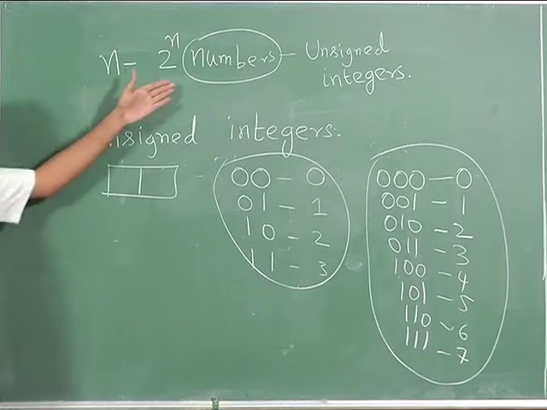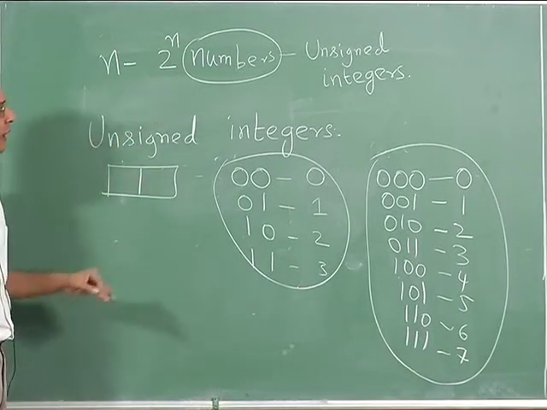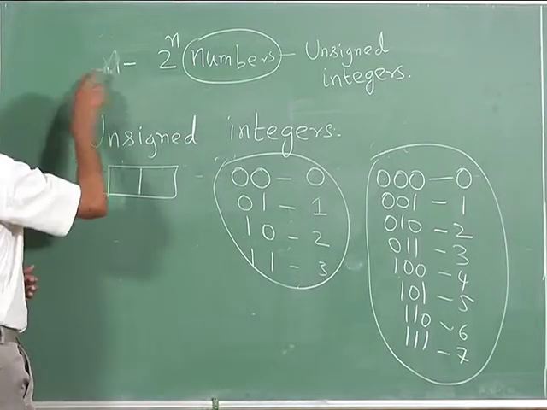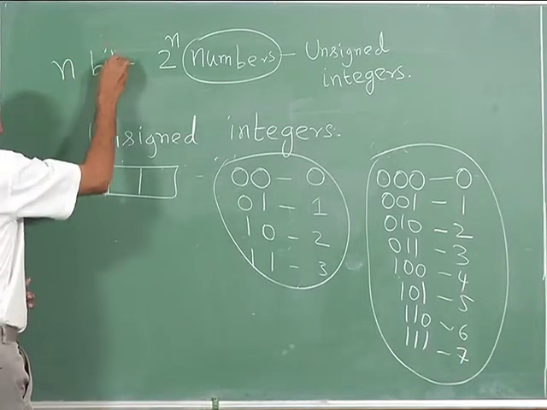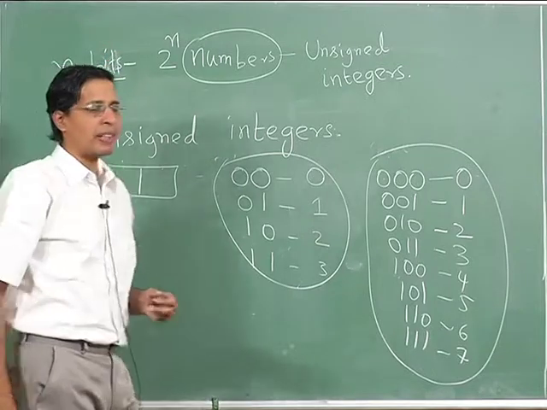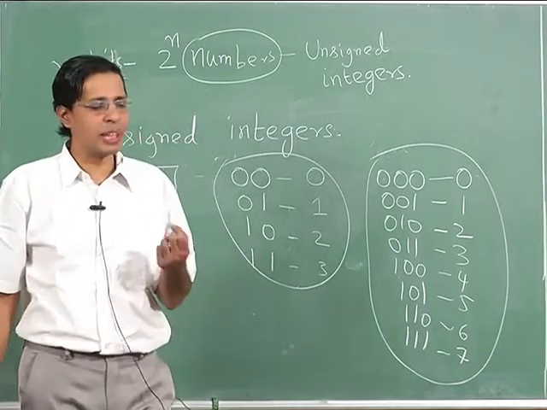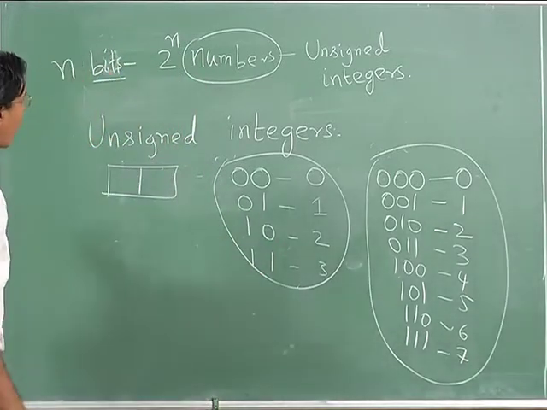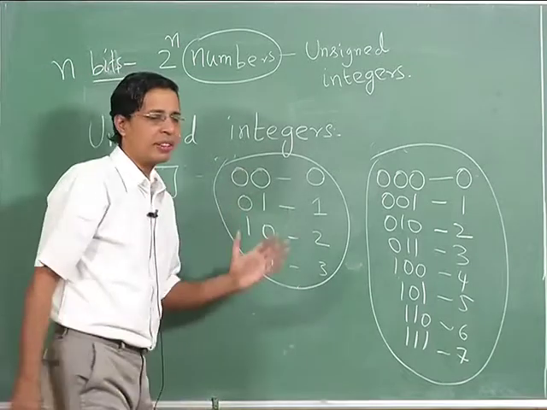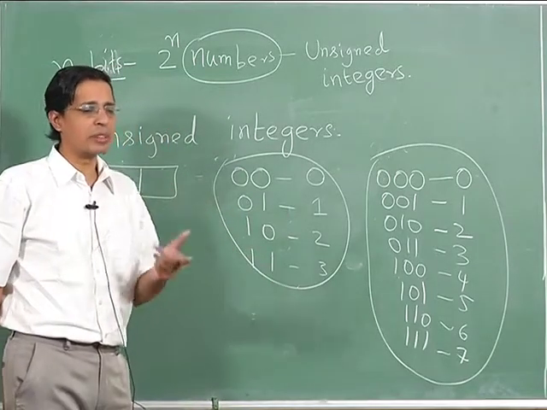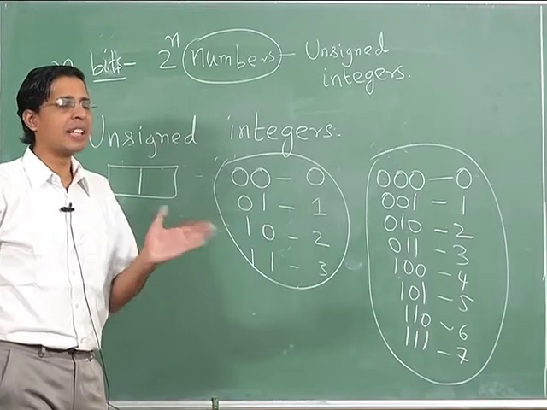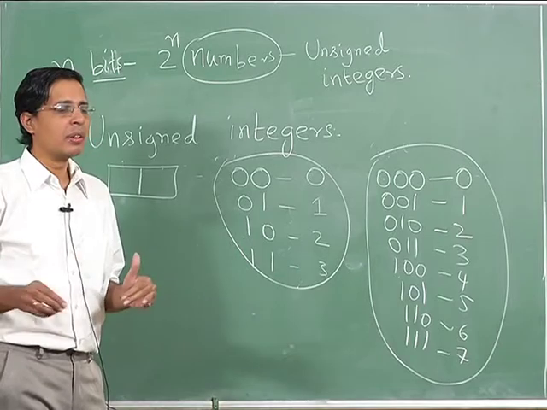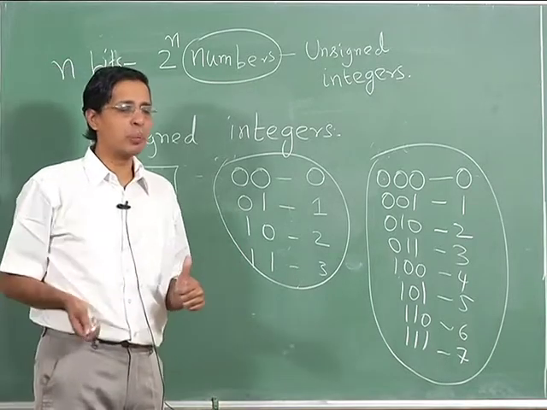A very simple proof for this statement is that with n bits, every one of these bits can assume one of two values, namely 0 and 1. So if you take a combination across n bits, since each can have 2 possibilities, I could have 2 into 2 into 2, n times, possibilities, which is 2 power n.